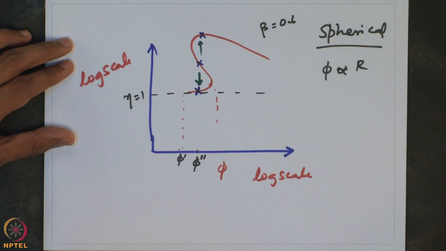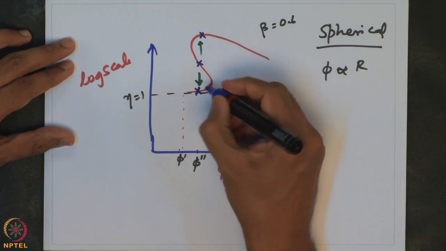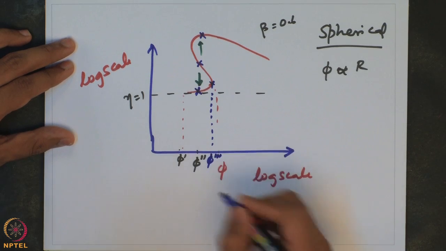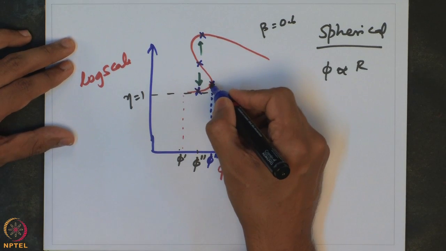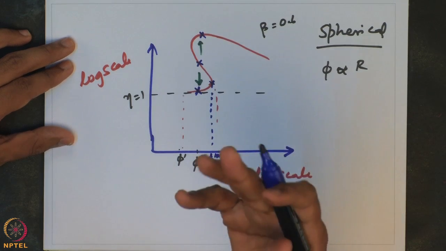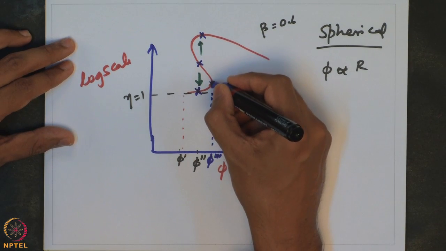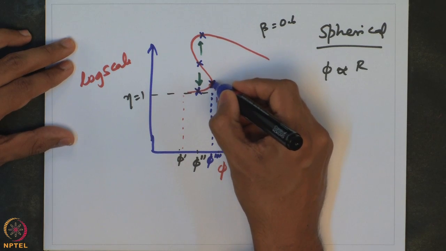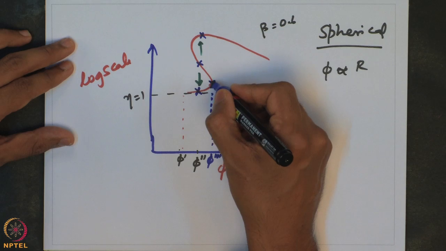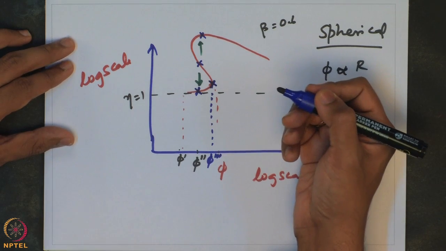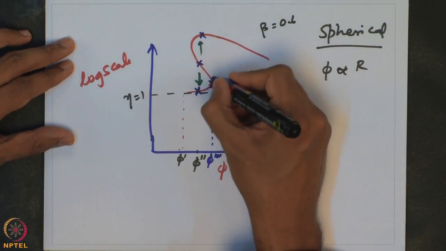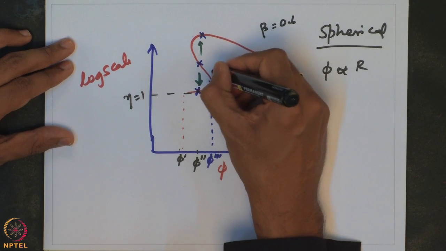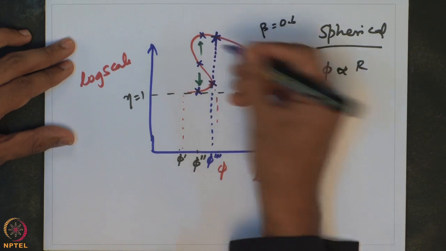Now, let us look at a situation where the reactor is operated at, let us say, this value of phi. Let us call this phi triple prime, and let us say that we operate at this value of phi. Now, what will happen? Because this value is actually a turning point here, if there are any perturbations present in the reactor, then this point is unstable, and so the reactor would actually jump and land into this steady state.